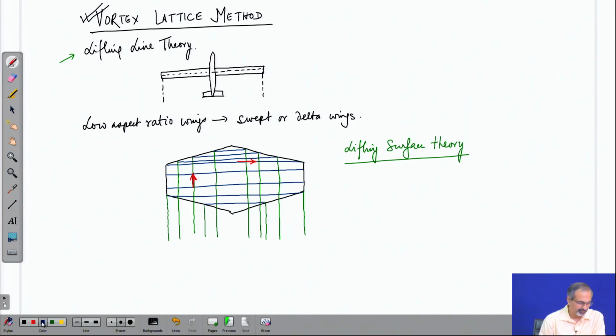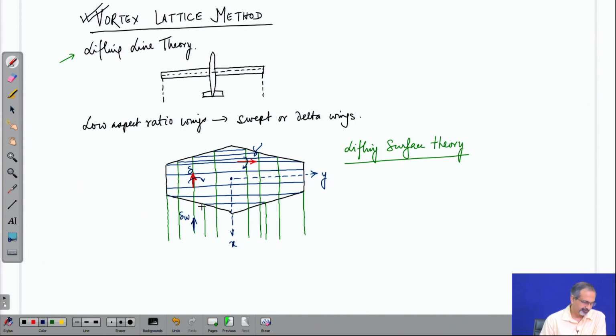It will be convenient if we fix the axis system at the center of the wing, let this be the x direction, the other one the y direction, and we will define vortex filament strengths gamma along the y direction, and let us say delta along the x direction, and additionally we will also define the vortex filaments in the wake.